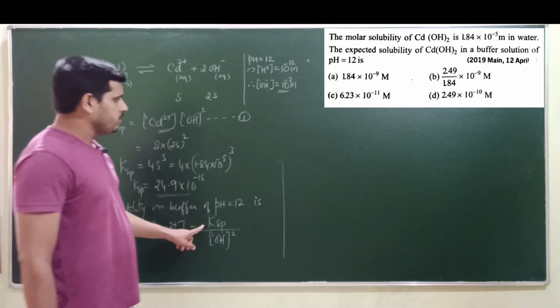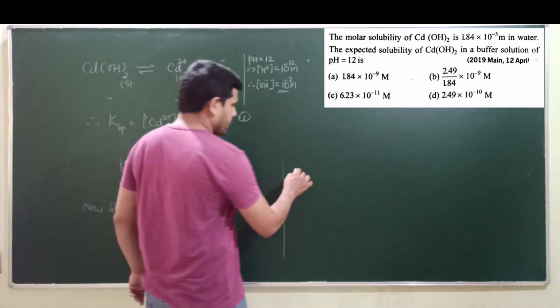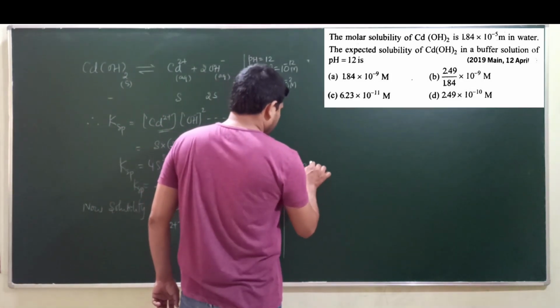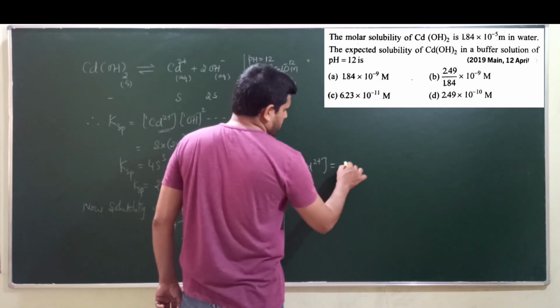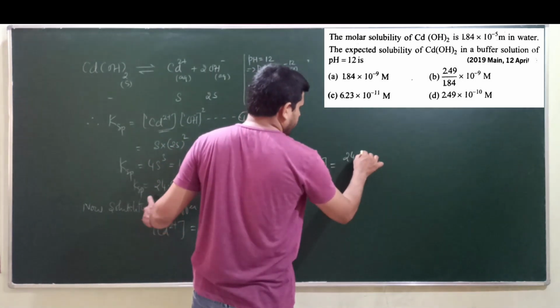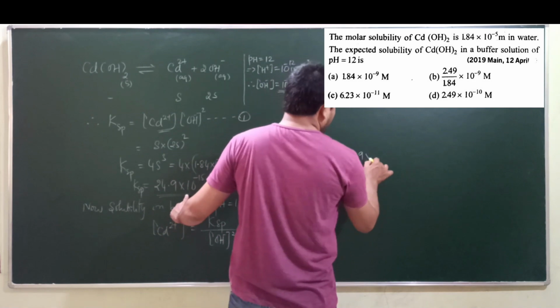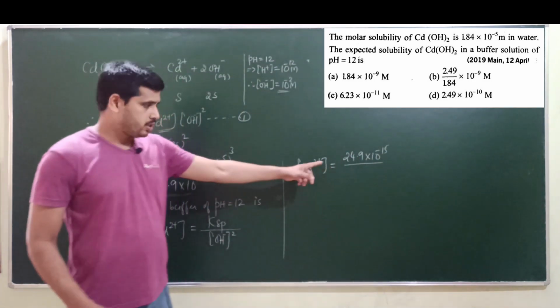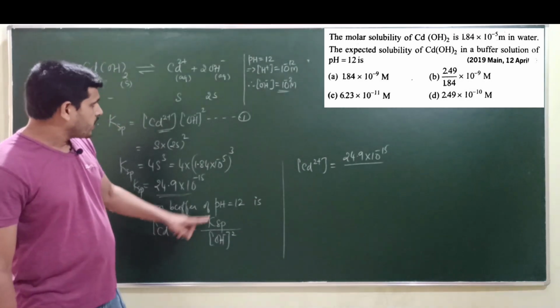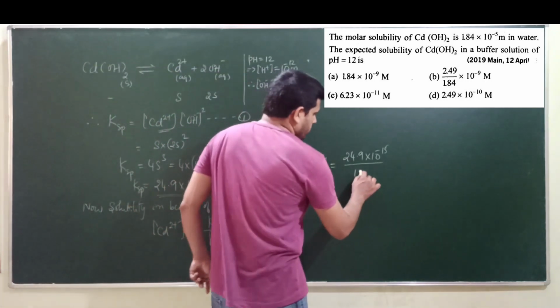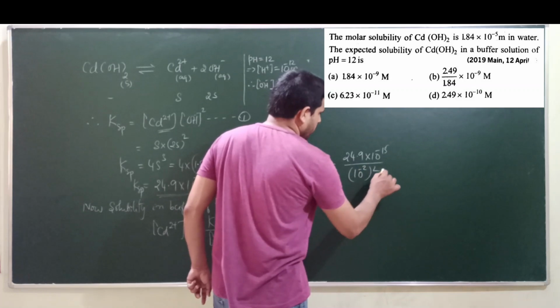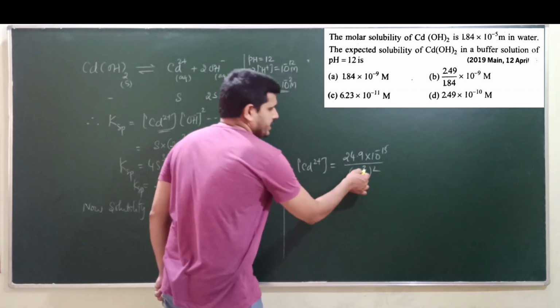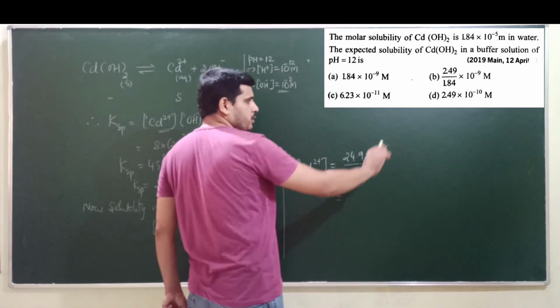So the Ksp value we just arrived at. So Cd²⁺ concentration equals 24.9 into 10 to the power of minus 15 divided by OH⁻, 10 to the power minus 2, the whole square. Which is nothing but 10 to the power minus 4 in the denominator, which comes to the numerator as plus 4.